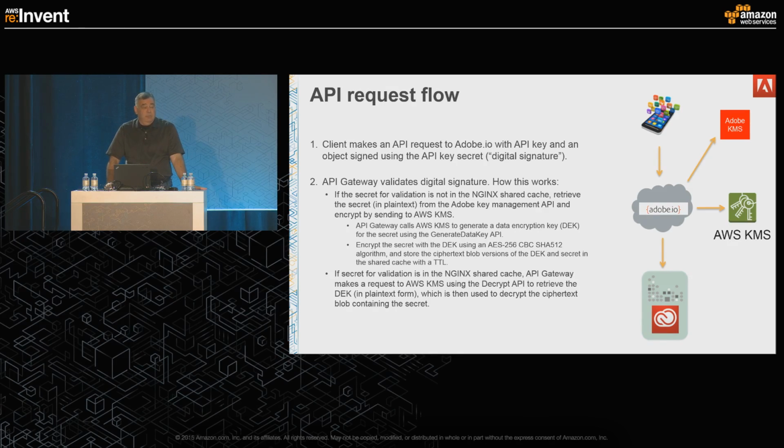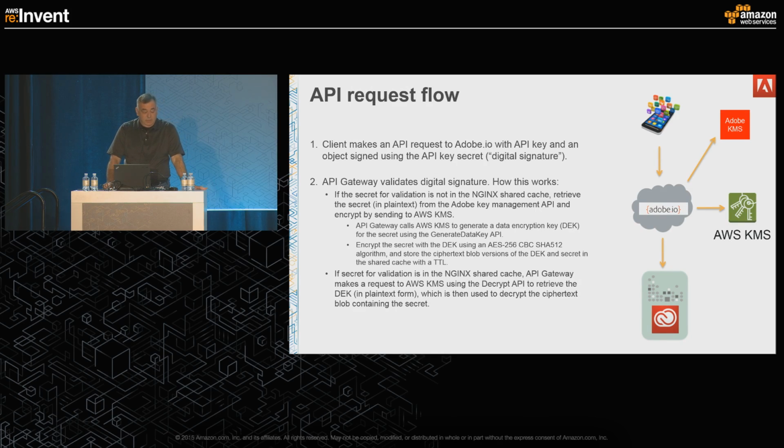So the first thing we did is implement a two-tiered caching structure, and for short periods of time we do store the keys in what we call the Nginx local cache. Our gateways are all built on OpenResty, Nginx, and Lua at the core, so we could implement a local cache on Nginx, and then we had Redis as the shared cache across all the gateway nodes that live in an auto-scaling group.